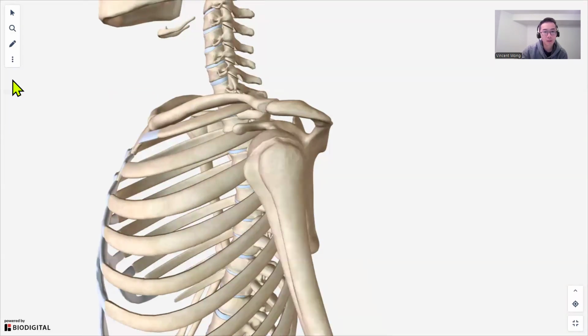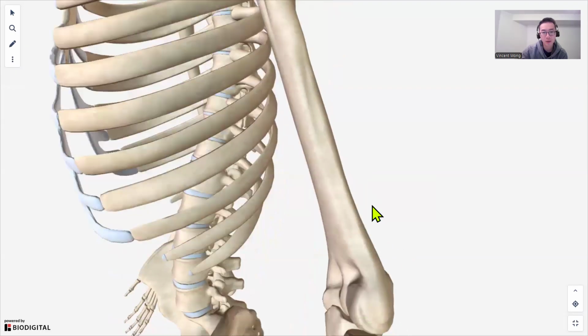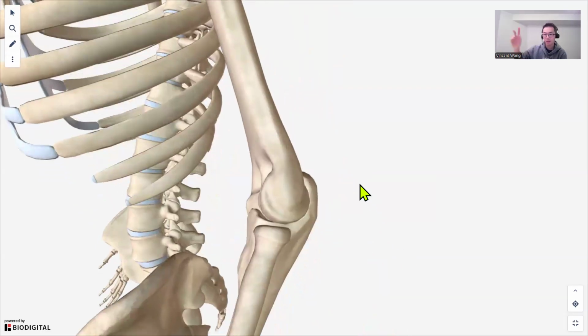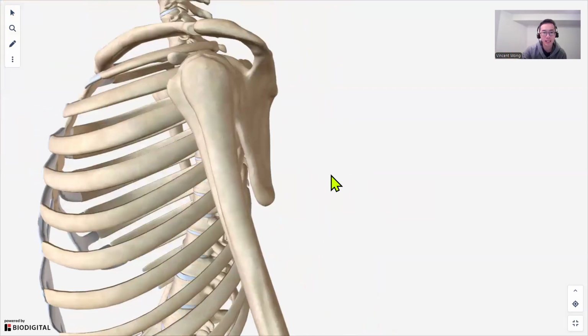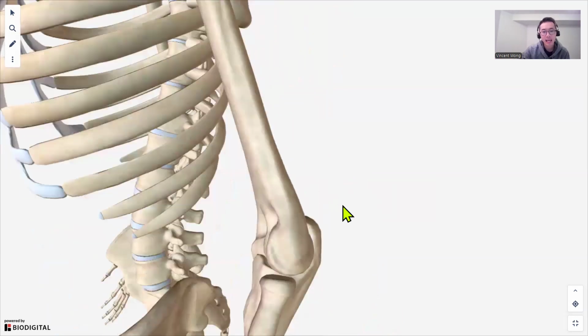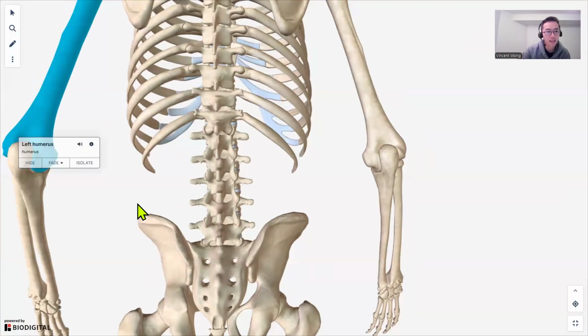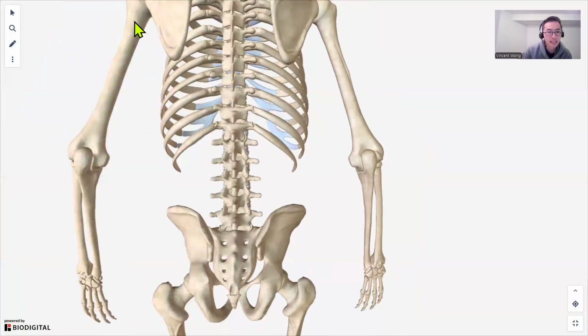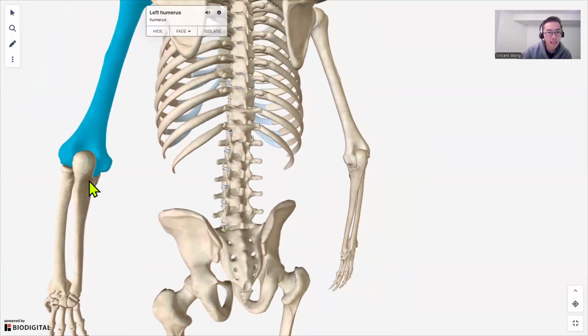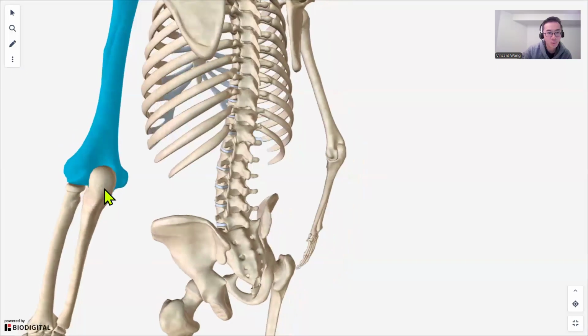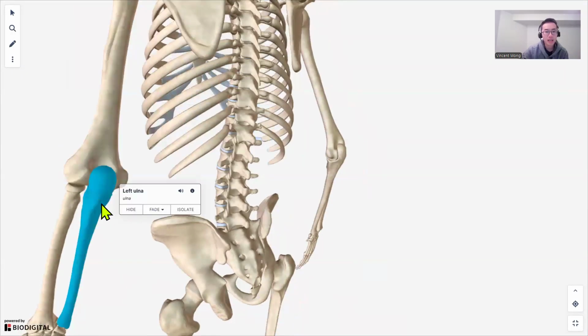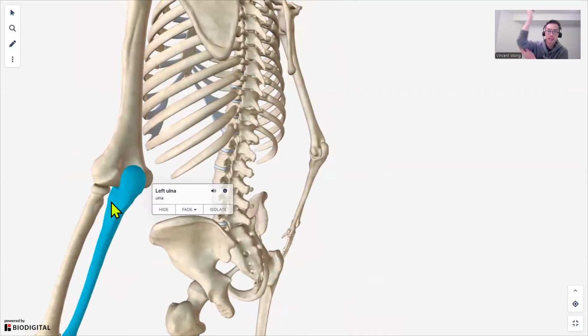All right, let's put the humerus back on, and we're going to go down to the distal end. Remember, I taught you last semester, proximal, distal, right? So ball and socket at the proximal end, and at the distal end, we're looking at the left humerus from the back. You can see the left humerus forms a hinge joint with the ulna over here, the elbow.